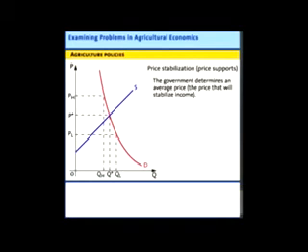Well, of course, no year is truly average. So what's going to happen is that in a bad year, a year with bad weather, when the supply curve would shift inwards, so we have here a supply in the bad year, so I'll call this bad.